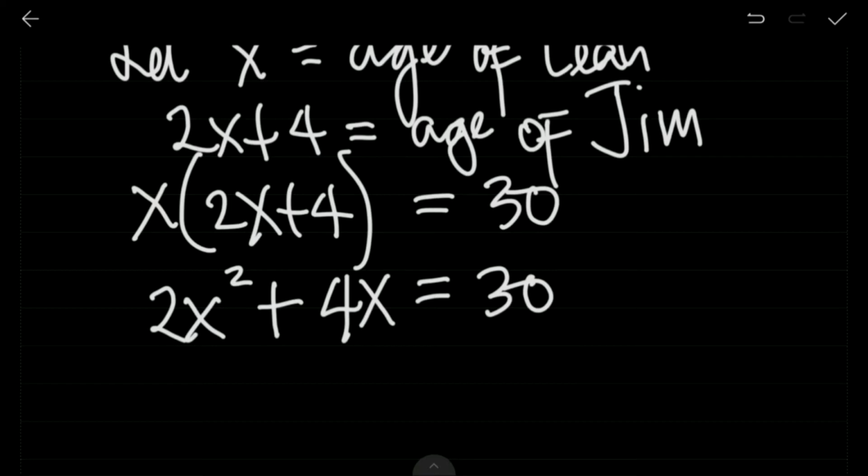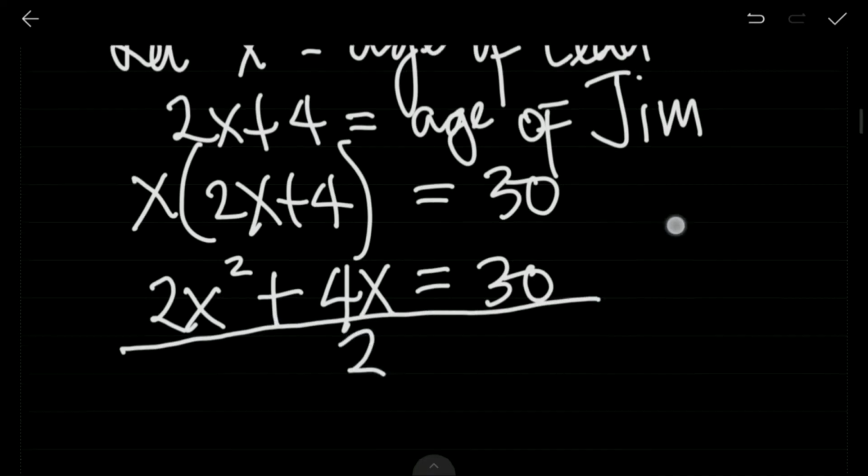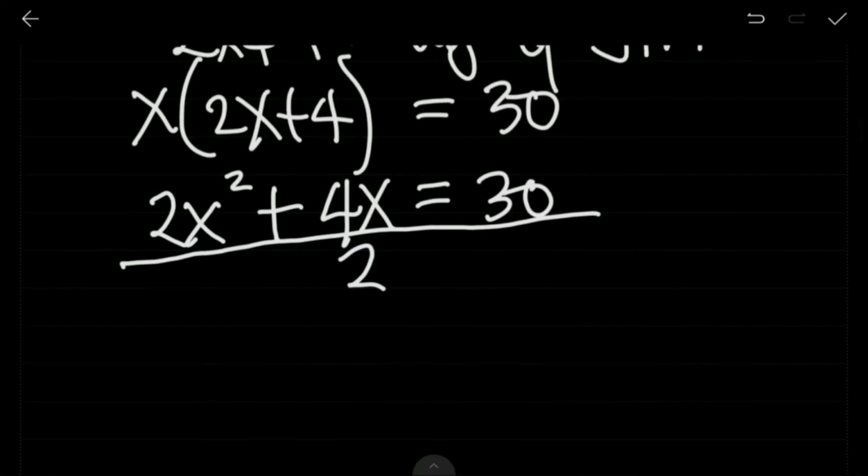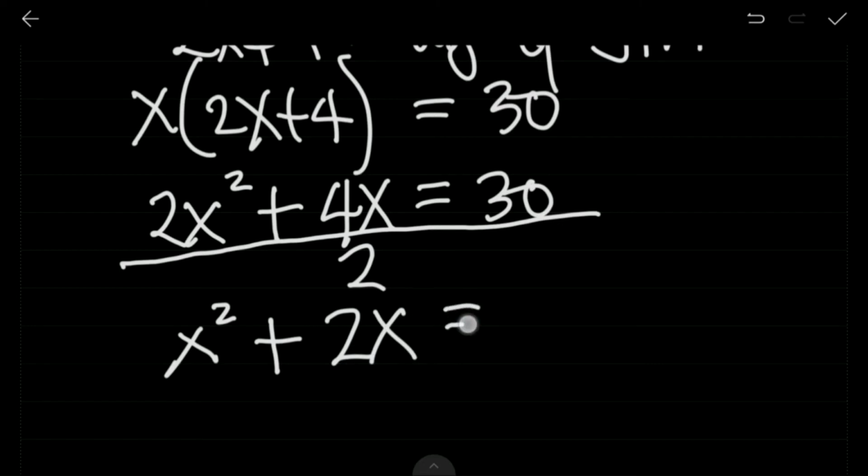Then we will divide this by 2. So 2x squared divided by 2 is x squared, plus 4x divided by 2 is 2x, equals 30 divided by 2 is 15.